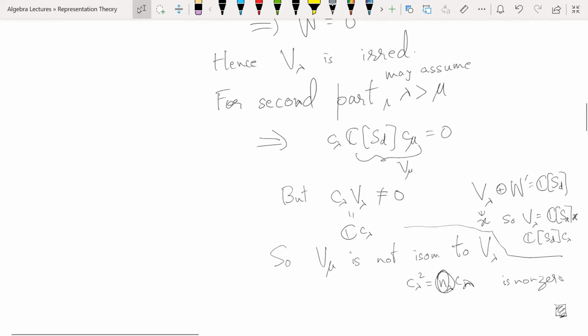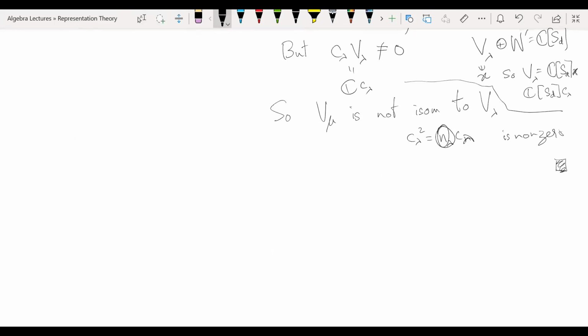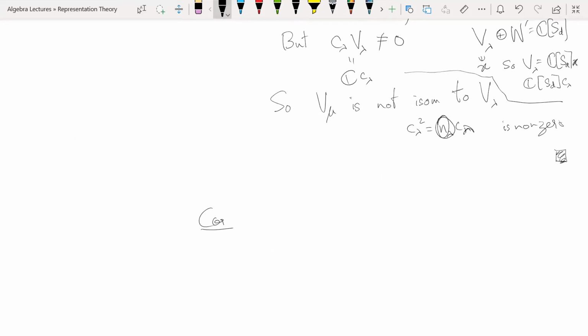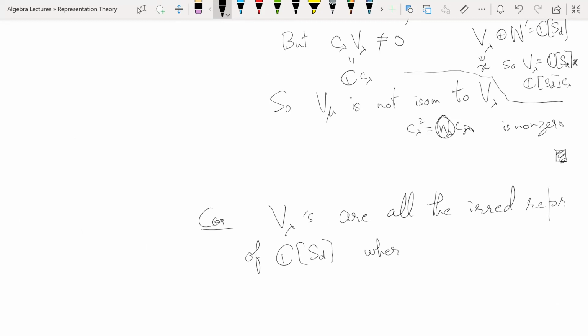So in particular, the V lambdas are all the irreducible representations of CS_T, where lambda varies over all the Young tableaus, Young diagrams.